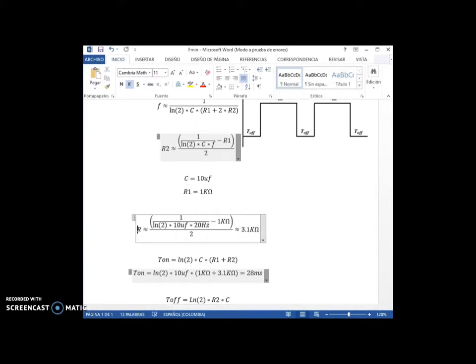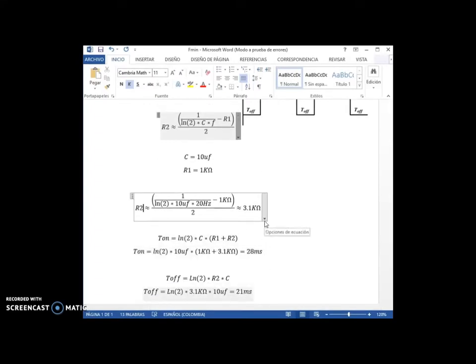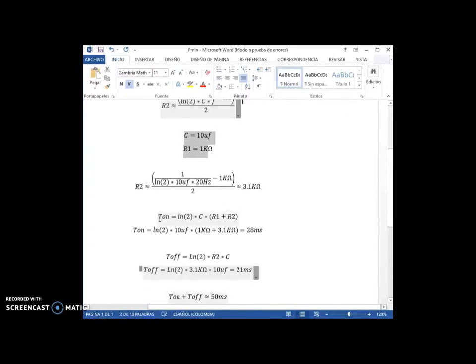R2 is 3100. So to verify that the output frequency is 20 Hz, we replace these values defined by us and obtain this.